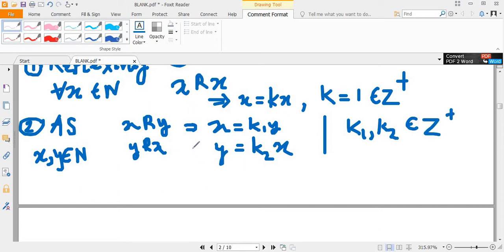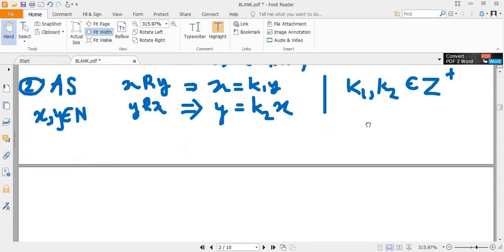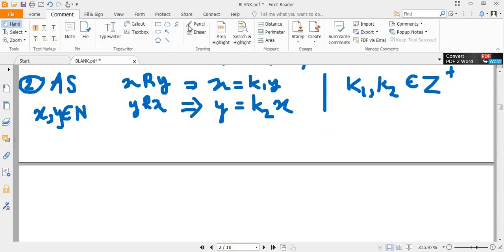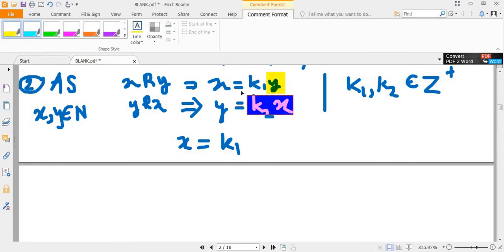Let us suppose that these two are true. If that is true, then I can conclude that x is equal to k1 times y. In place of y, I can replace k2 x. What will that give me?